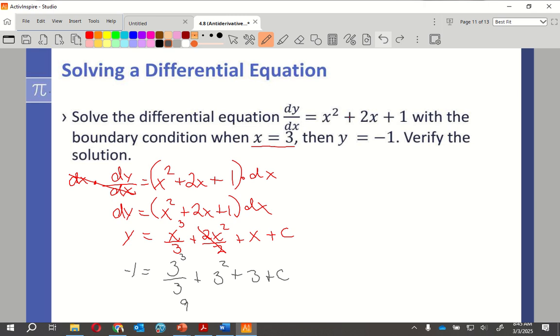My board hates me today. So that's going to be 21, 18, 21. Right here is positive, right? Positive 21, and I got to move it to the other side. So I'm going to subtract 21, so that's going to make C -22.